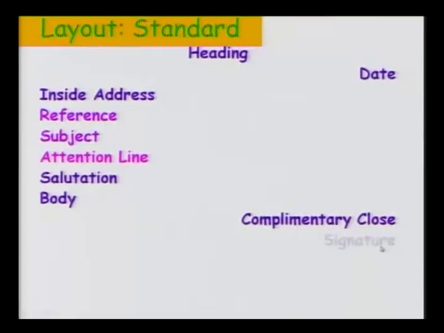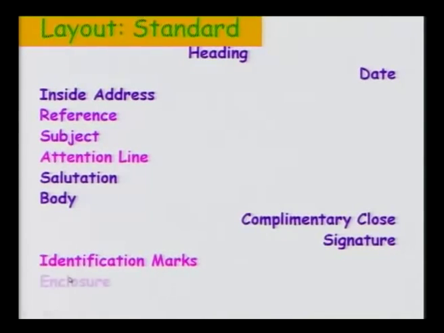When it comes to identification marks, it comes to the left side, and then enclosure is again on the left side, and the copy notation is again on the left side. So, overall, in the standard format of a business letter, the heading is centered, the date, complementary clause and signature are on the right side, and the rest of the elements are on the left side.